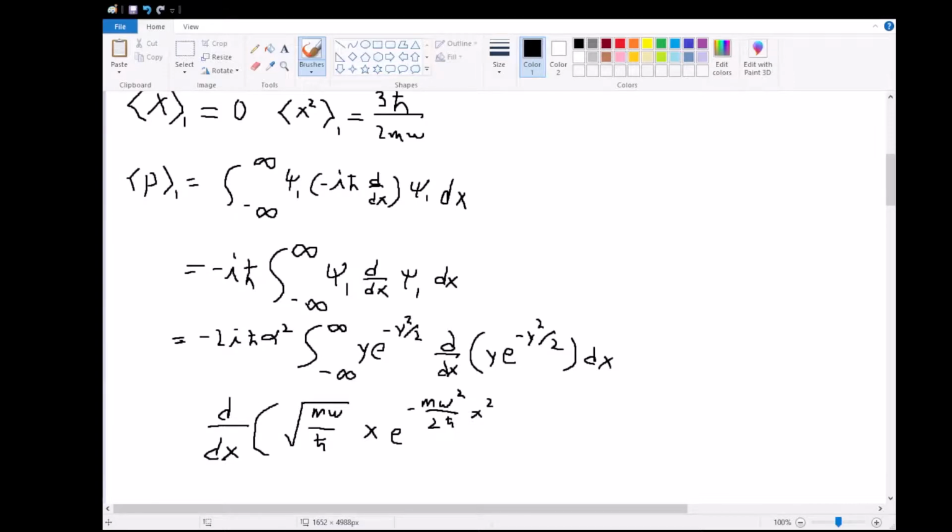Let me just make double sure that that's the correct format. There's no squared on omega, my apologies. So negative m omega over 2 h bar times x squared.